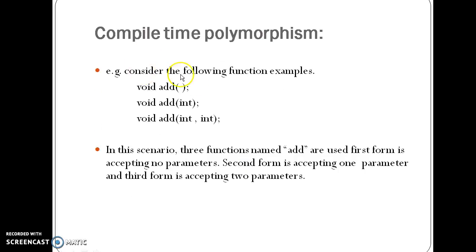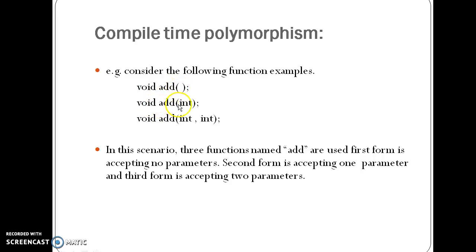Let us see the following example. In this example we have three functions named add. The return type of all these three functions is void, but in the first form there are no parameters.